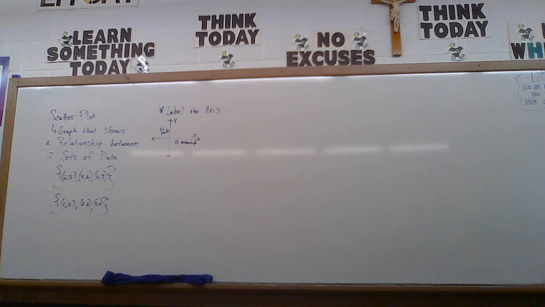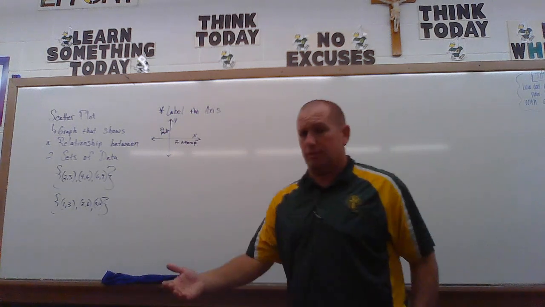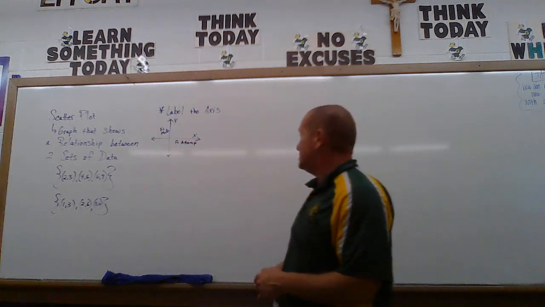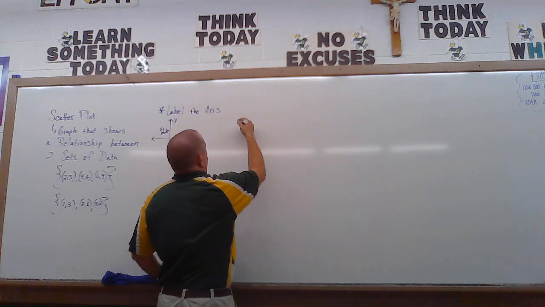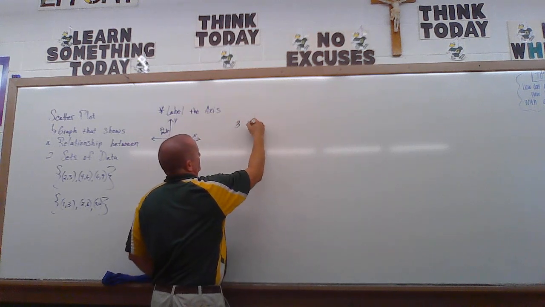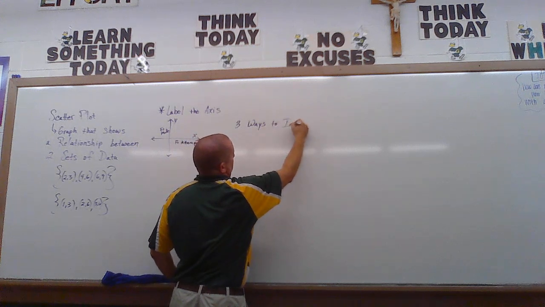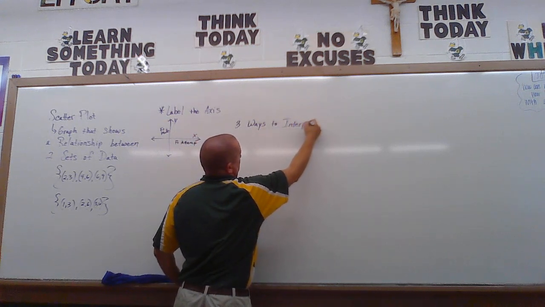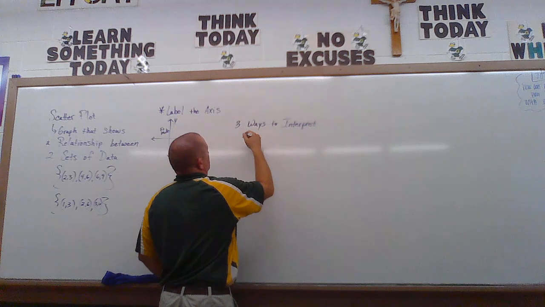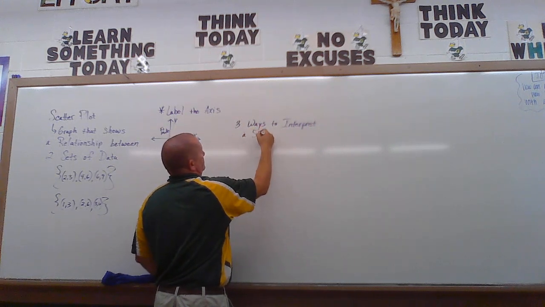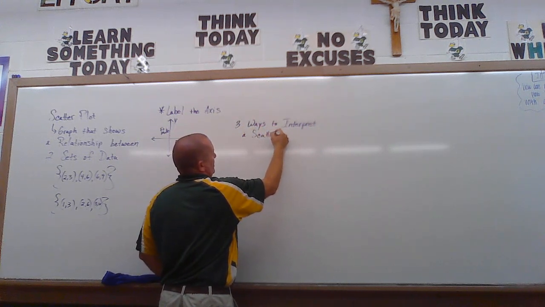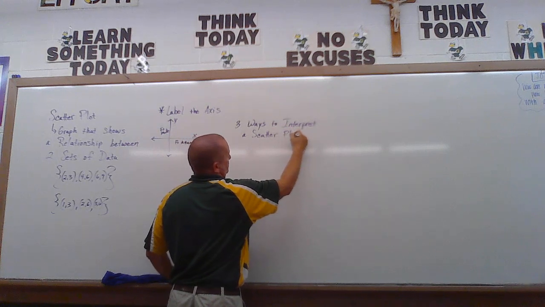As you can see here on page 41, this is a lot easier in the book than trying to explain this, drawing it out. You have 3 ways basically to interpret a scatter plot. This would be on the top of page 41.